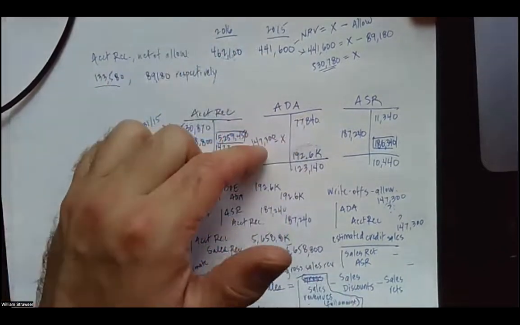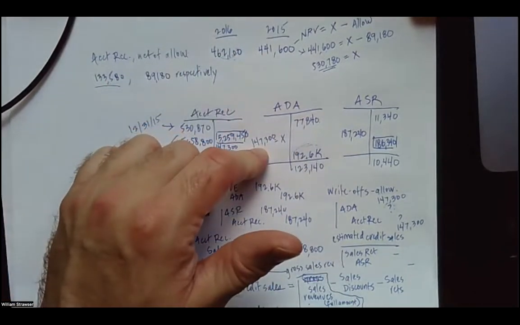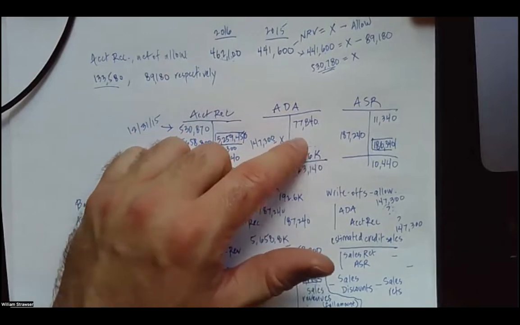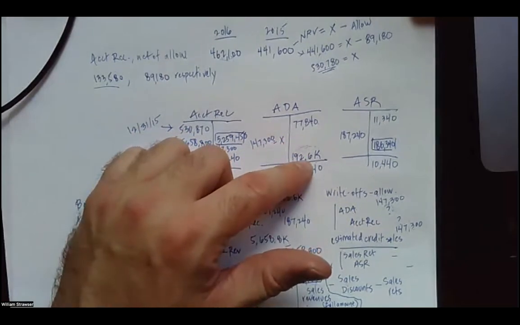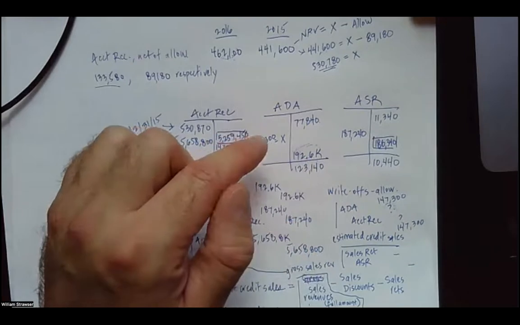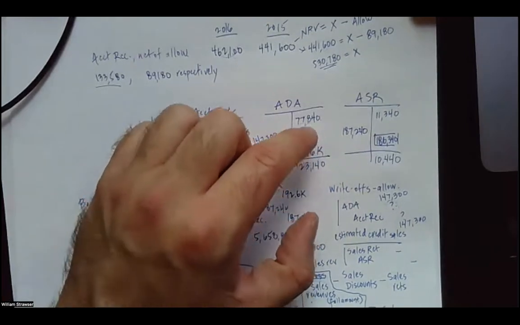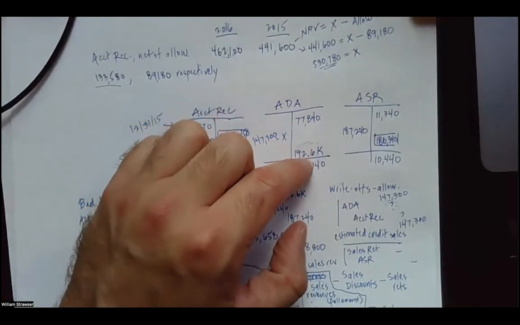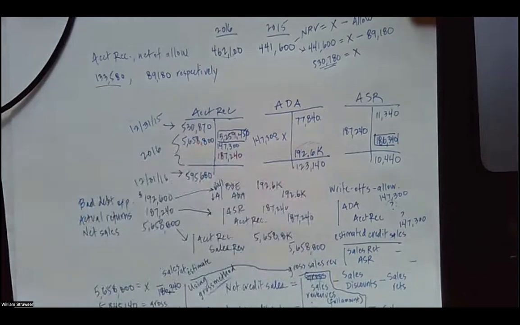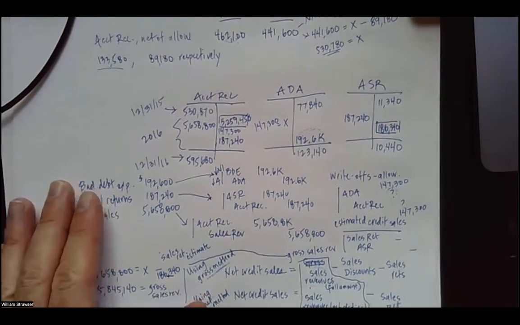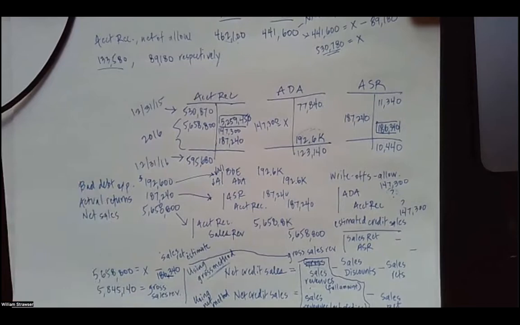Debits and credits. Debits are reinstatements. Credits are bad debt expense. I'm sorry, debits are write-offs, credits are reinstatements and bad debt expense. So getting that knowledge and that narrative about what's debiting and crediting accounts, in addition to the journal entries, really starts to help inform and link the numbers together.